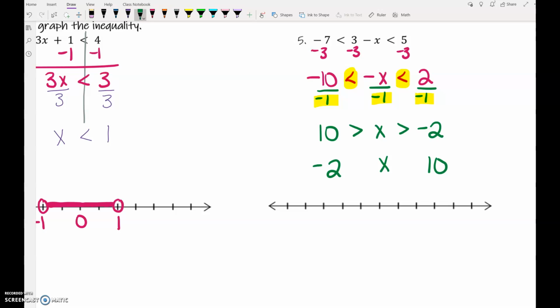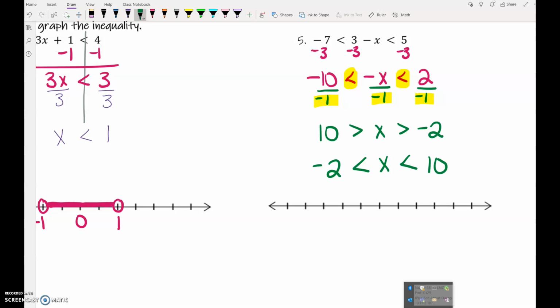The sign is eating the x. Between the x and the 10, the sign is eating the 10. You're really just taking this statement and flipping the whole thing around so that the smaller number is on the left.